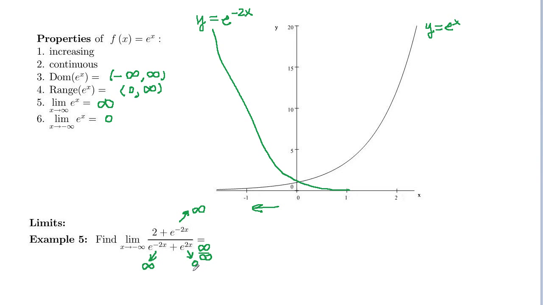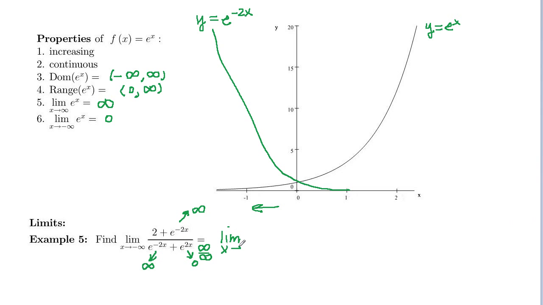We'd like all our values of exponentials to approach an actual number here, not infinity, because we get this indeterminate form where we can't tell what's happening. So I'd like to change these all to positive powers in the exponential, and I can do that with a little bit of algebra.